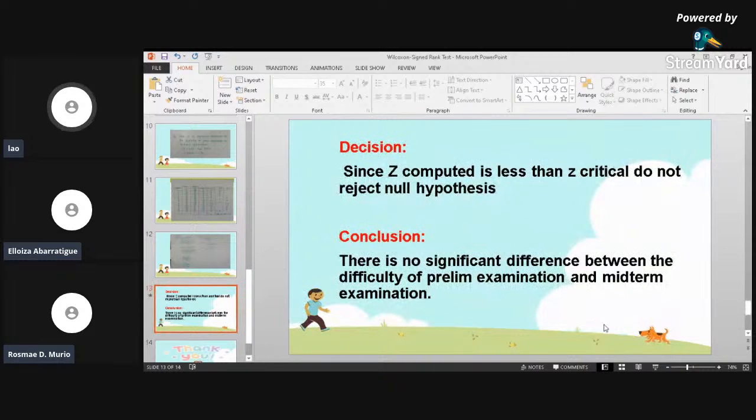Since Z computed is less than Z critical, do not reject the null hypothesis. So, wag daw natin i-reject yung null hypothesis. Tanggapin natin. So, what is our conclusion? Our conclusion is there is no significant difference between the difficulty of prelim examination and midterm examination.